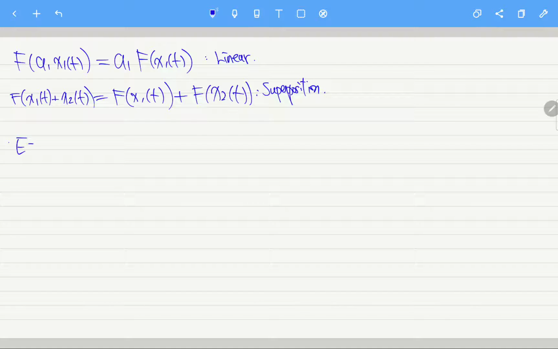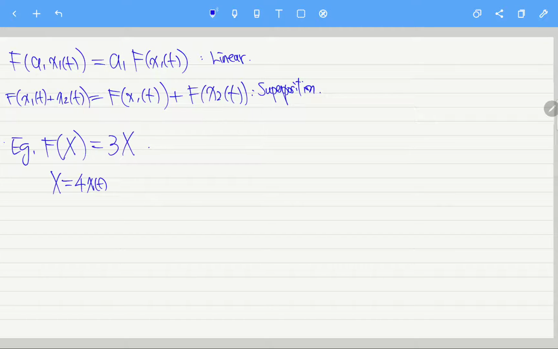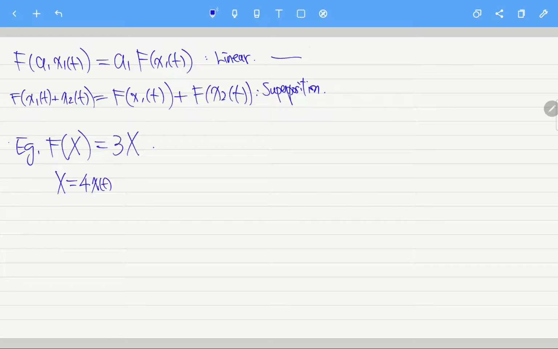For example, f of x is 3x. Suppose this is a linear function. Now if x is 4 times x of t, something like this. On the left side, if I call this one equation 1, this is equation 2.